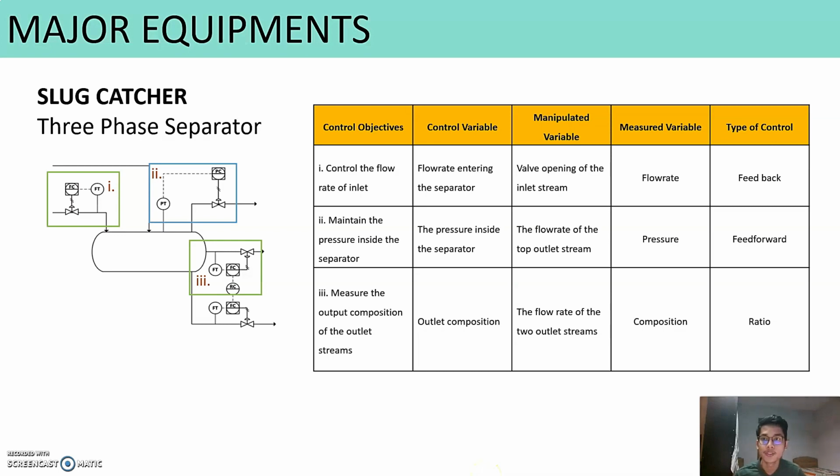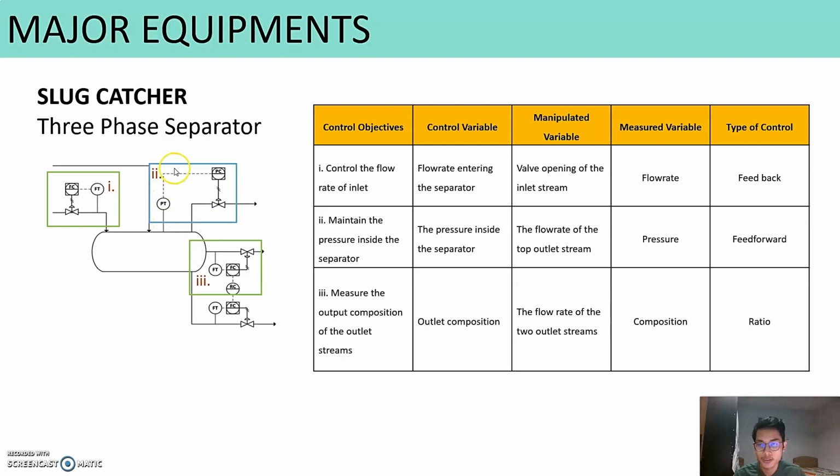So the first major equipment is the slug catcher, or a 3-phase separator. We have 3 types of control strategy. The first one is a flow controller, where we control the inlet flow rate coming into the slug catcher. And then we have a pressure controller, where we control the pressure of the slug catcher.